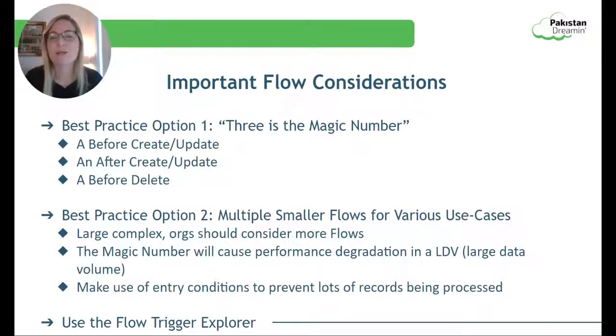But instead, what they can do is create multiple flows, but make use of entry conditions to prevent lots of records from being processed. Now, what happens if you don't use entry conditions is that thousands, hundreds of thousands of records can end up being processed, and this will hit limits, which we're going to talk about in a moment, and will cause lots of errors.